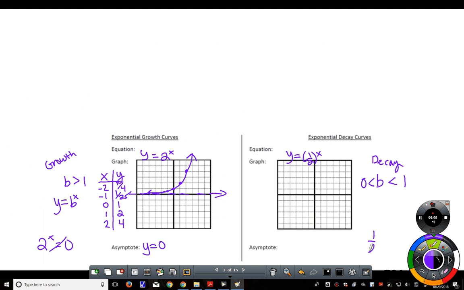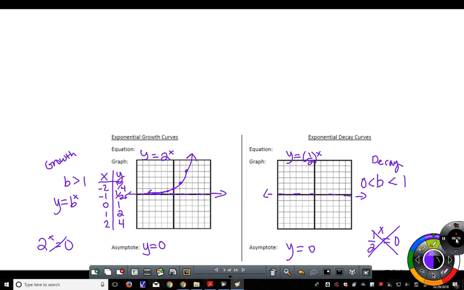You're taking 1/2 and you're raising it to some power. But again, no exponents can make something equal to 0, and they still can't make it negative. So you're still never going to be able to answer this question, and you're still going to have this boundary here. So you're still going to have this asymptote at 0. The only difference is the values you get when you plug stuff in.